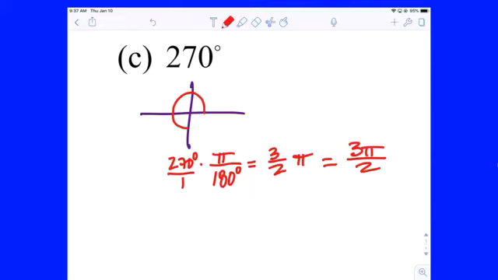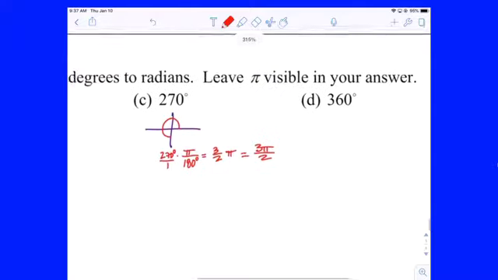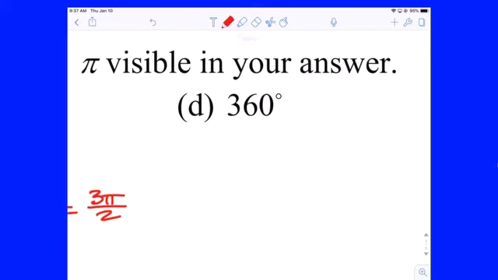So 0 degrees is 0 radians, 90 degrees is pi halves radians, 180 degrees is pi radians, 270 degrees is now 3 pi halves radians, sorry, and then 360 would be what? 2 pi radians, yeah. And again, you don't have to write rads after it. It's just helpful to do that because it keeps you in the context of rotation. 2 pi itself is just a number, okay?